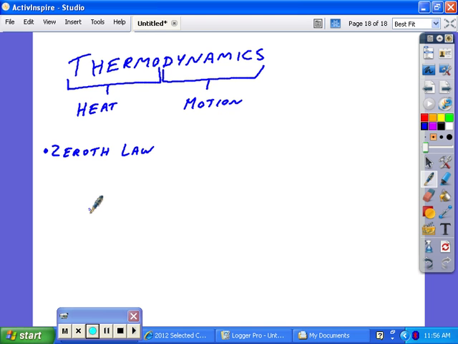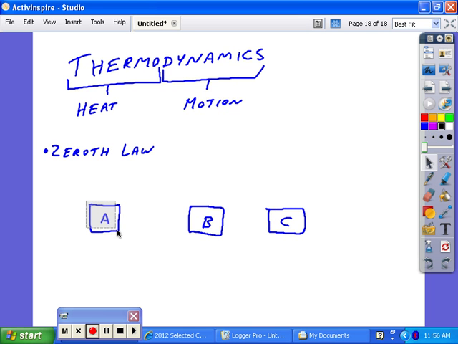So basically what that's saying is if we have three different objects here, let's say object A, object B, and object C. All right? If object A is in thermal equilibrium with object B, that means I could take object A over here, slide it across the top of it, have these two in immediate contact with each other, and there would be no heat exchange from location A to location B. Alright?